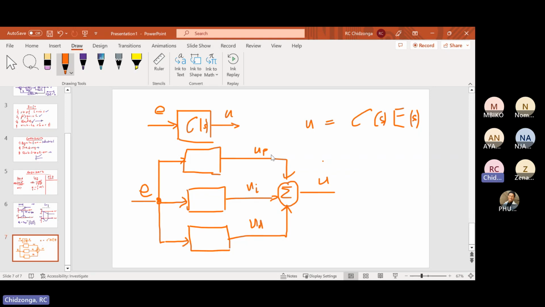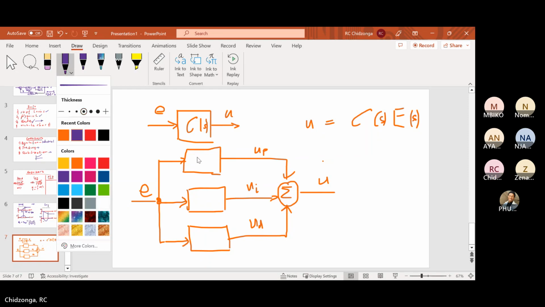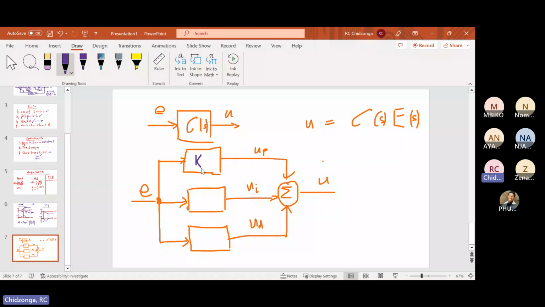P stands for proportional. So the output is produced according to a proportional law. The proportional gain here, we're calling it Kp. So the output from this, which we call the proportional part, is where the P comes from in the acronym PID, right?